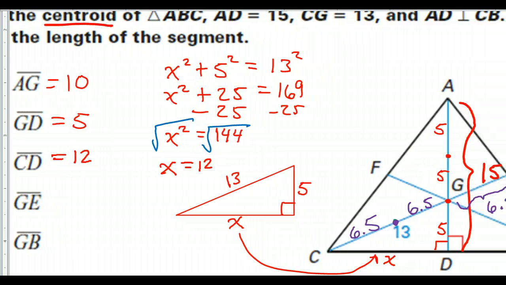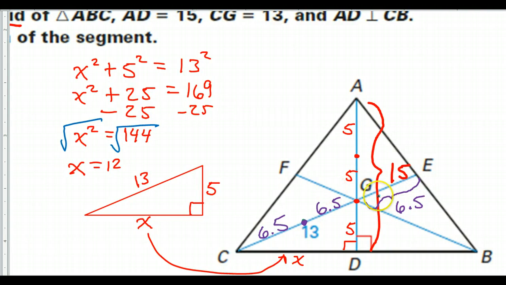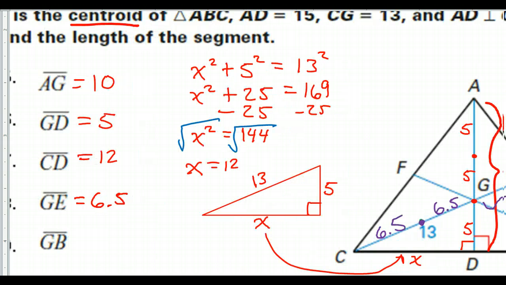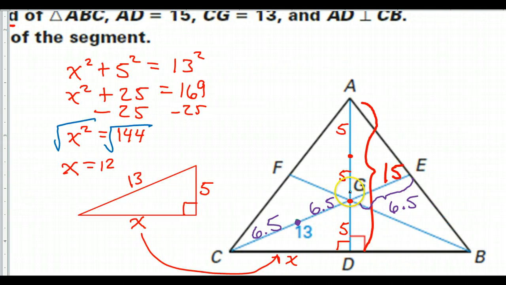All right, what about GE? Do we know that? Yeah, GE is this purple 6.5 right here. Okay, so GE is 6.5. And what about GB? Alright, I'm betting that this is going to be symmetric, okay, because this is perpendicular and everything.